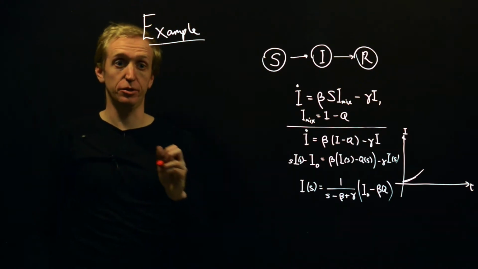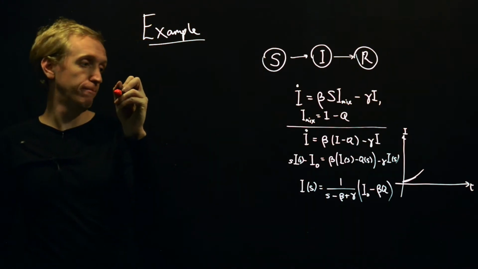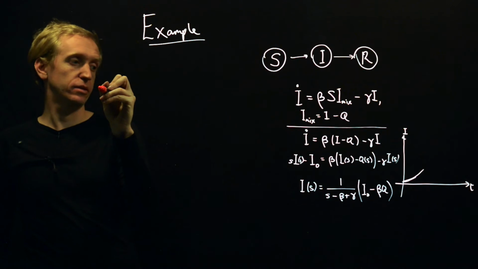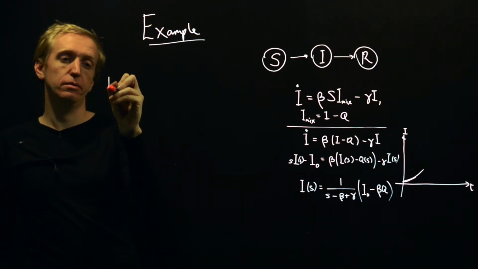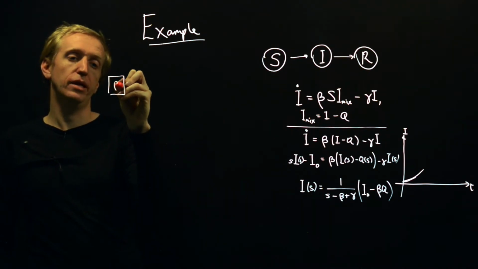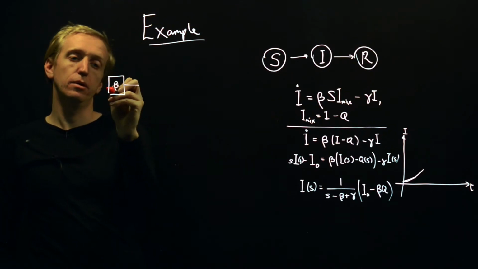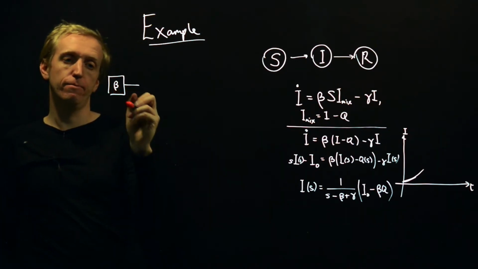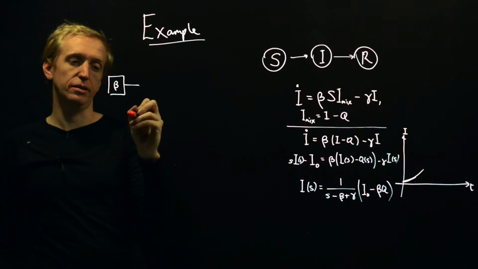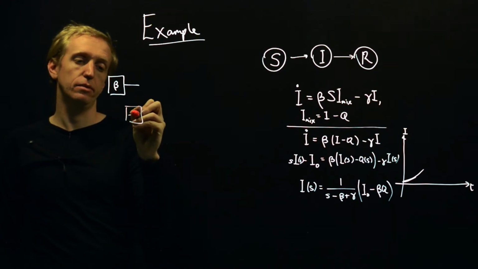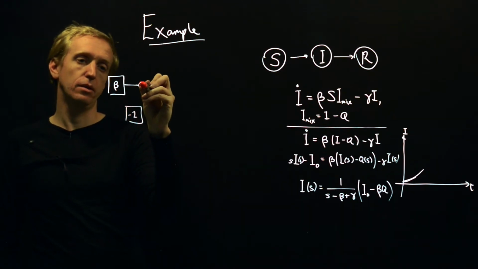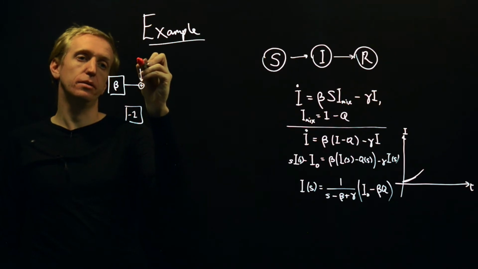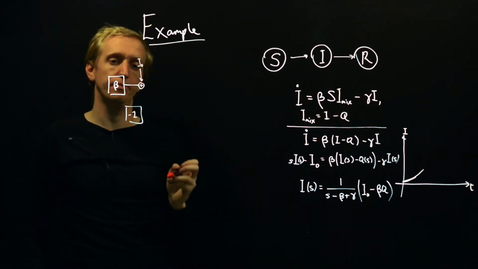Let's start to draw that in a block diagram. What do we get? Well, we have a beta. Let's put a minus sign here. Plus, and then we have an I0.